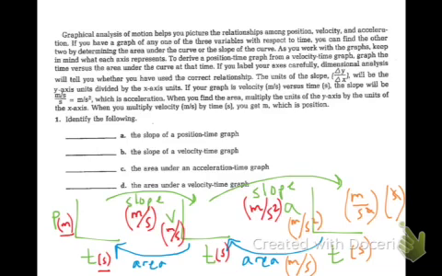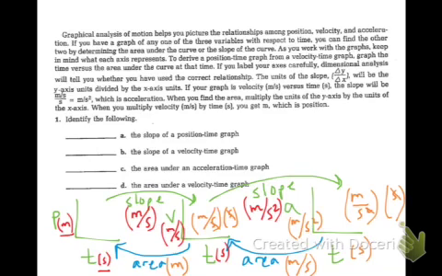The area of a velocity versus time graph gives us meters, because you multiply them. Meters per second times seconds gives us our meters. So that's how all of these relate. Again, you need to be fairly good at math to understand this concept. If this is something you're struggling with, please make sure that you come and see me sooner rather than later.